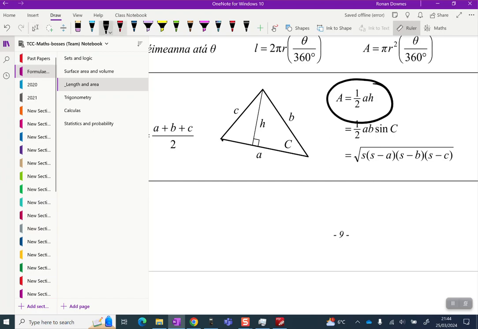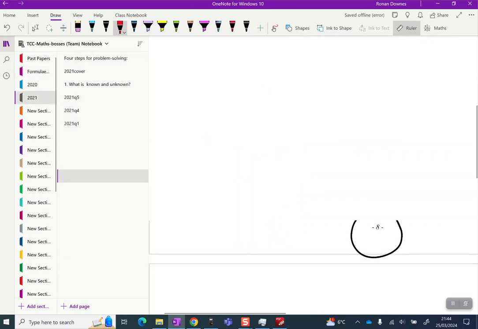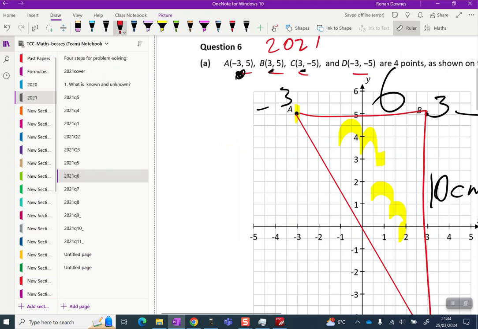So we have base A and height H. Now in our case, either of the legs can be called the base, but we typically call the lower one the base and the other one the height because they're already perpendicular. That's the special situation in here. So we'll call the base 6 and the height 10.